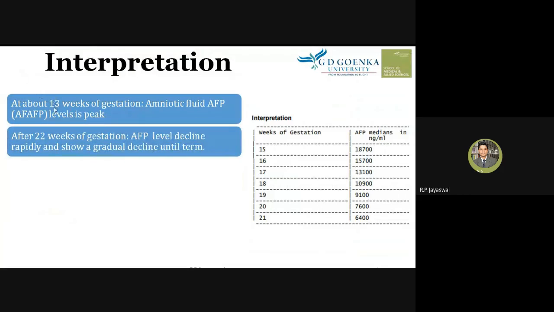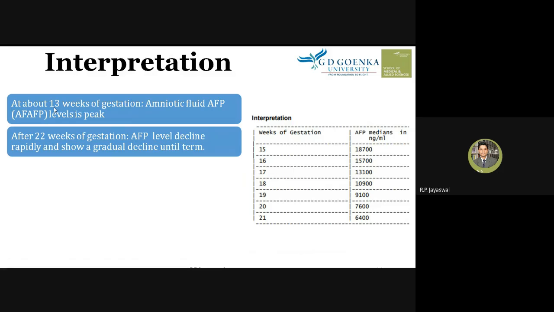So it shows that when we do the AFP test at about 13 weeks of gestation, meaning the pregnancy, when there is a sample collection at 13 weeks, the amniotic fluid sample will contain a very high amount of alpha fetoprotein. Okay, so amniotic fluid levels are very high at 13 weeks.